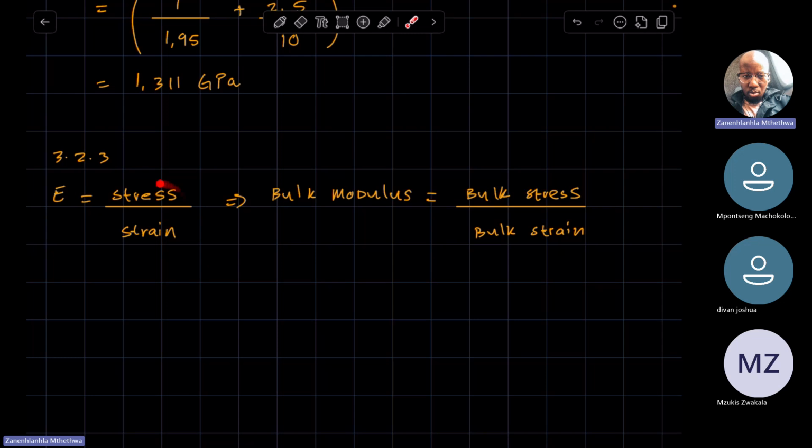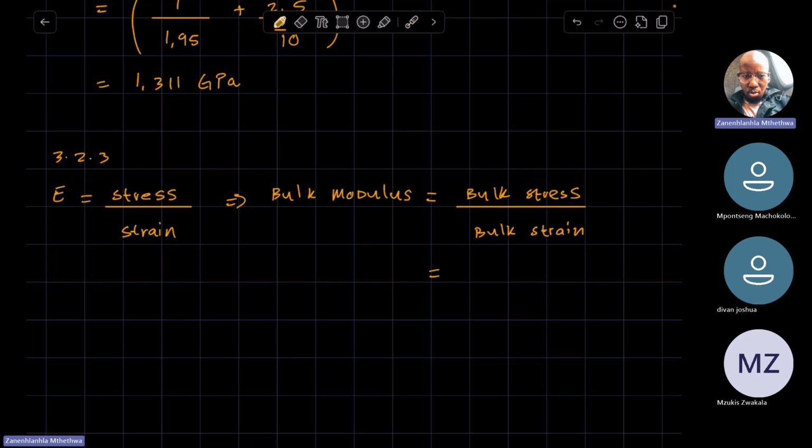So we look at how the material deforms from a linear perspective, either from the y or the x-axis. Whereas the bulk modulus, we look at the deformation volumetrically.